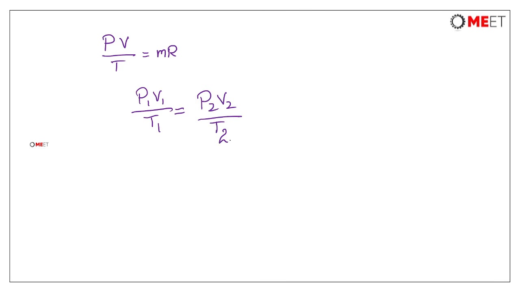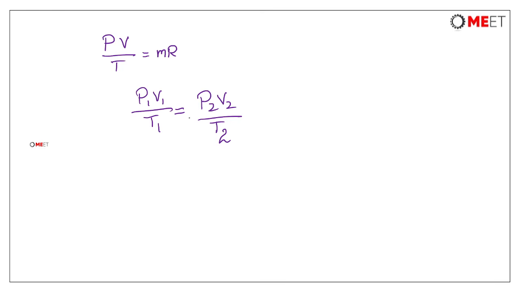Now we can write PV by T is equal to mR or nR. From this we can write P1 V1 by T1 is equal to P2 V2 by T2. This is one very important relation you need to remember.